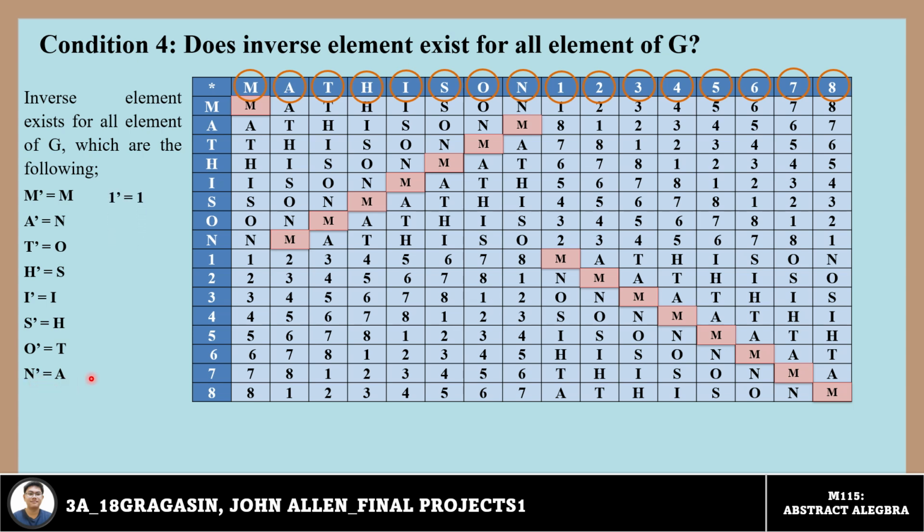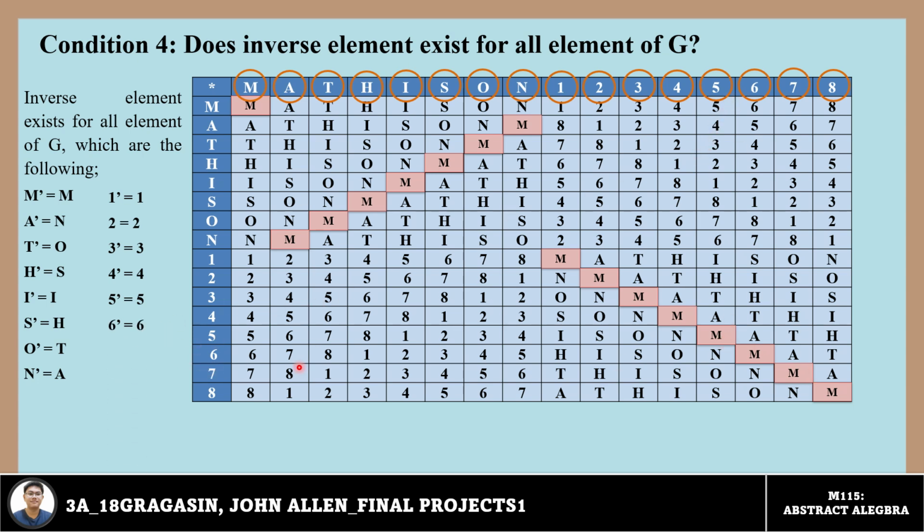So we have here the inverse element of 1 is 1. We have this. Inverse element of 2 is 2. We have this. Inverse element of 3 here and that. So we have here the inverse element of 4, which is 4. And the inverse element of 5 is 5.